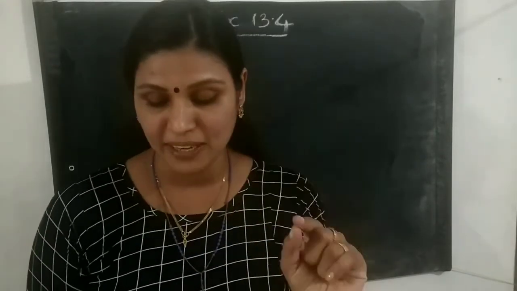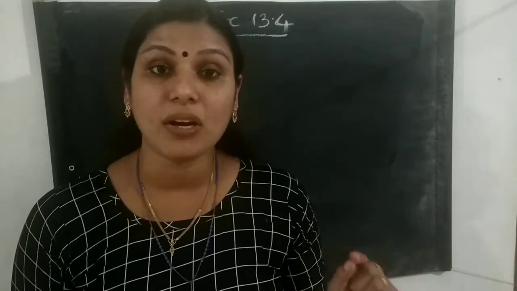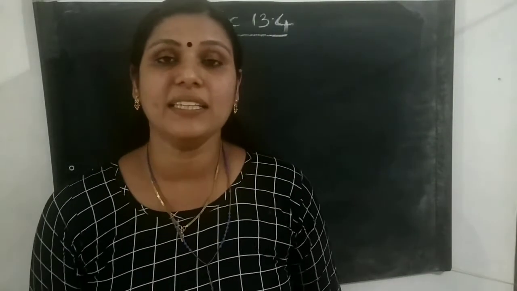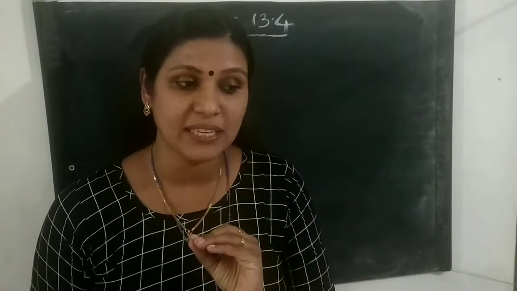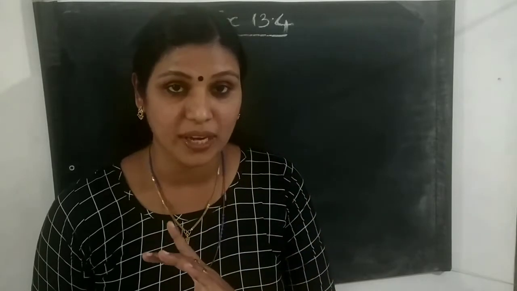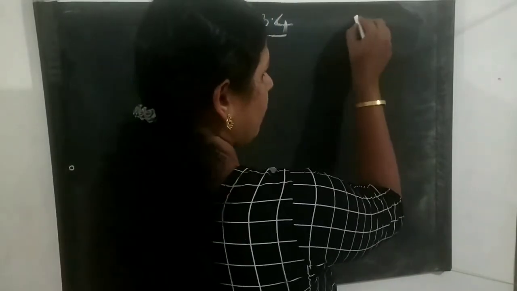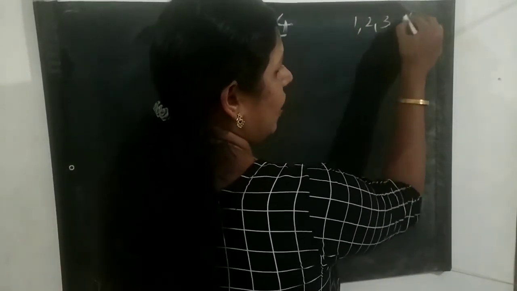Total surface area is 3 pi r square. So apply this radius in the equation, you get the answer. So 1, 2, 3 are homework.